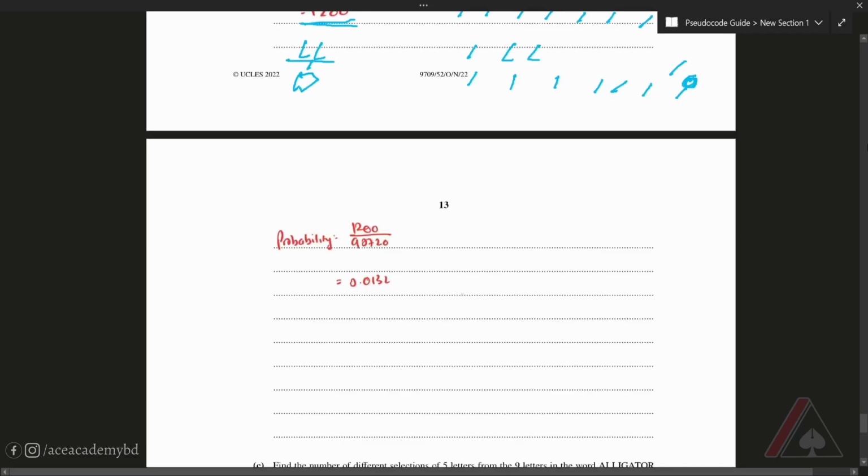So there are 9 letters. So the total possibility of combinations would be 9 factorial. And we place the possible outcomes of the conditions that we found above as a ratio, and we get 0.132. So this is our answer.